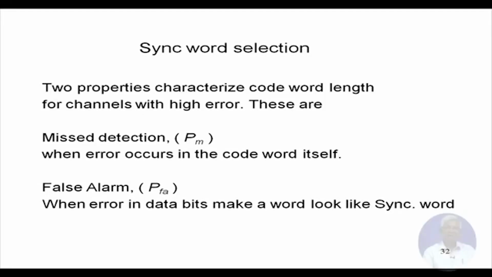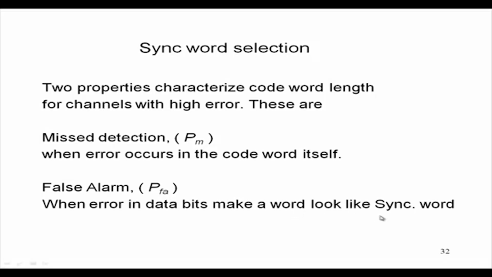And in the actual command words or telemetry words, if there is a pattern which looks like the sync word, that will be a false alarm. That will be taken as a starting point, and you will try to detect that as the beginning of the frame, then you will get into wrong data detection. So, there are two things, missed detection and false alarm detection, when an error in the data bits makes a word look like a sync word.